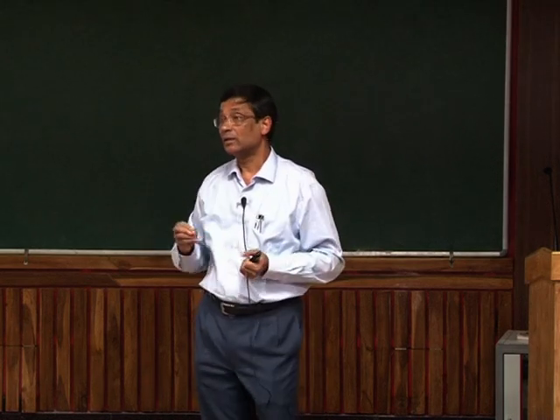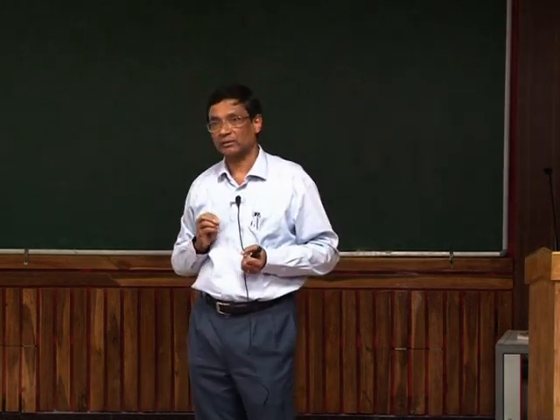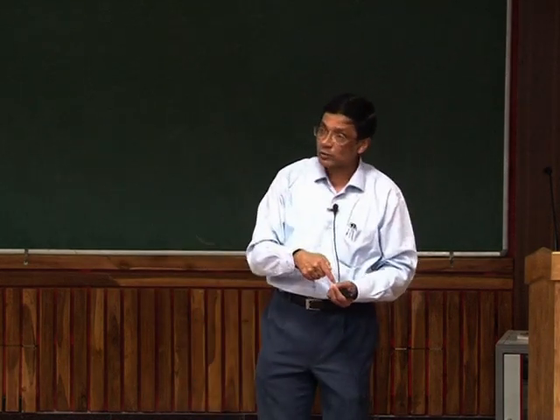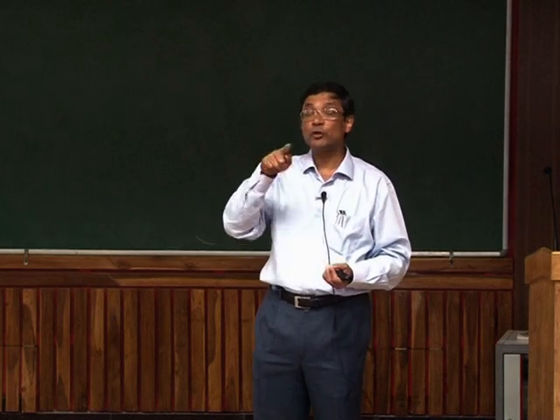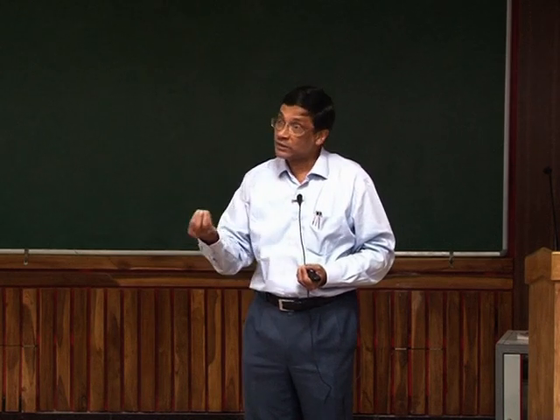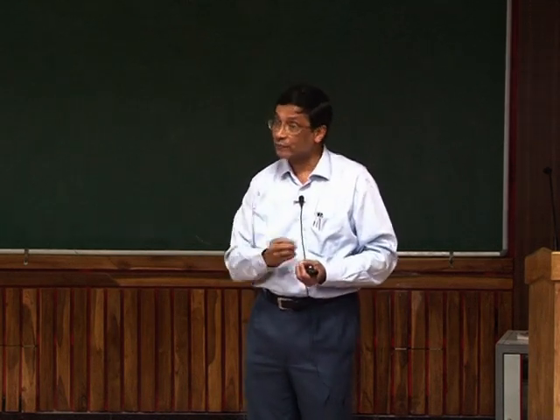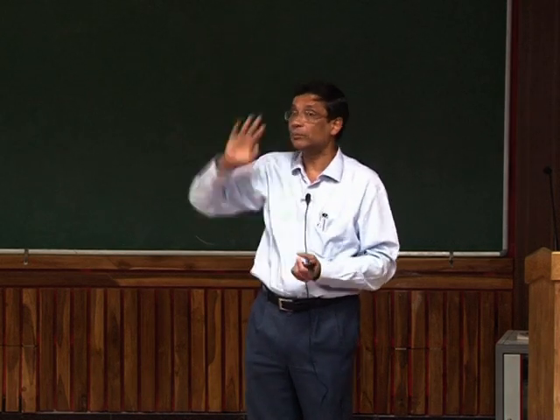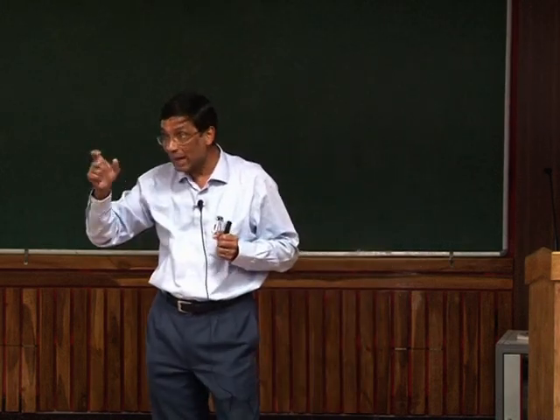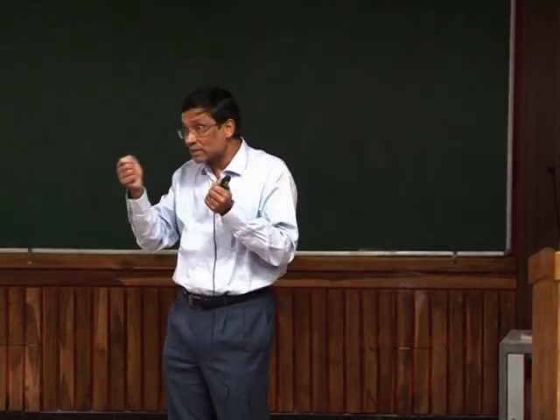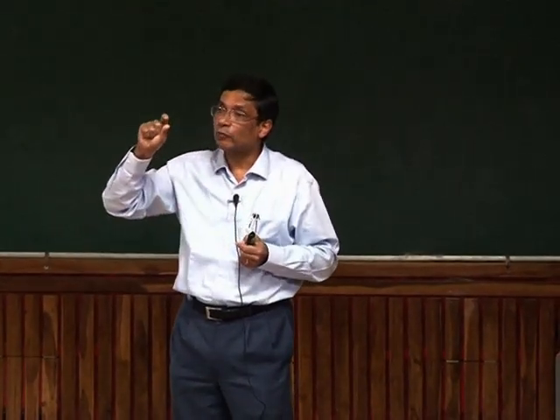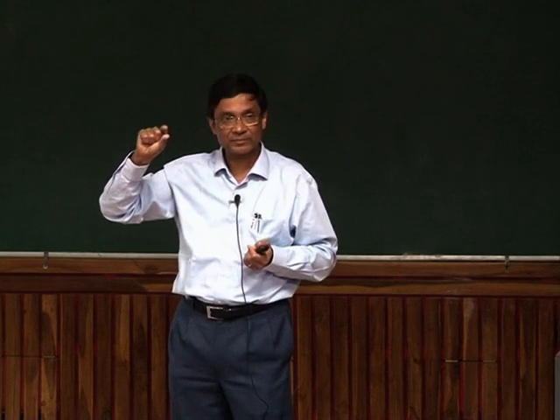But if I say that this mean escape path is only 1 angstrom, that means anything starting 10 angstrom below the surface has e to the power minus 10 probability of coming out, which means it's almost 0. Nothing will come out. Everything will scatter, scatter, scatter and come out having lost all the information. So you see that lambda, this quantity which translates into the probability of inelastic scattering, tells me the information depth from the material that I can get.